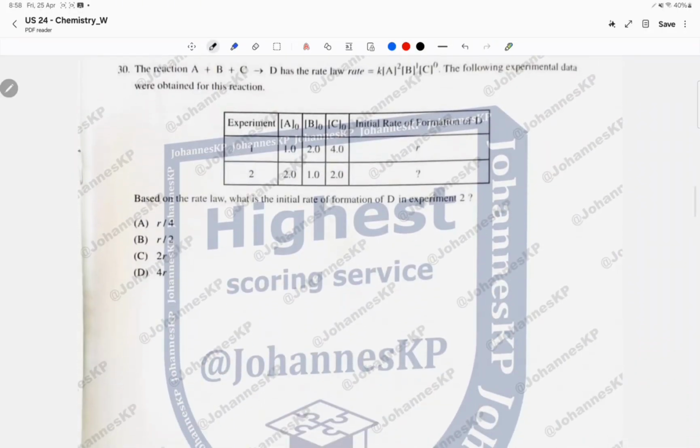Alright, so what's the rate of formation in experiment 2? Let's see. Okay, so let's just look at experiment 1. The rate of experiment 1 is R, right? It's given to us. K, A squared, that's 1 squared. B to the power of 1, that's just a 2. C to the power of 0 is just a 1.